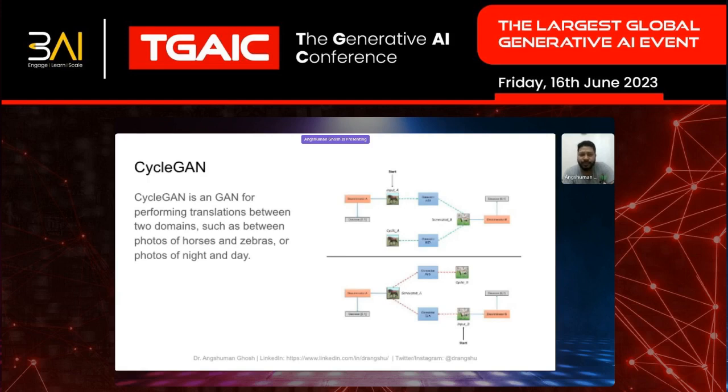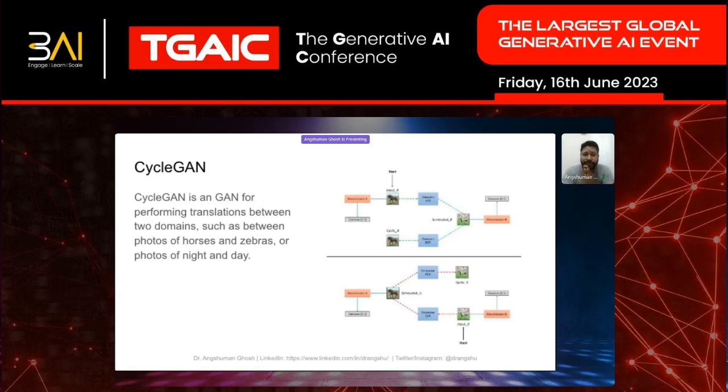Now we have two discriminators here, one discriminator for domain A on the left and one for domain B on the right. The domain A discriminator takes the original horse image and the generated horse image from the bottom and tries to tell whether it is real or not. And on the right, discriminator B for domain B, zebra, takes two zebra images, one original, the other generated, and tells whether it is real or not.